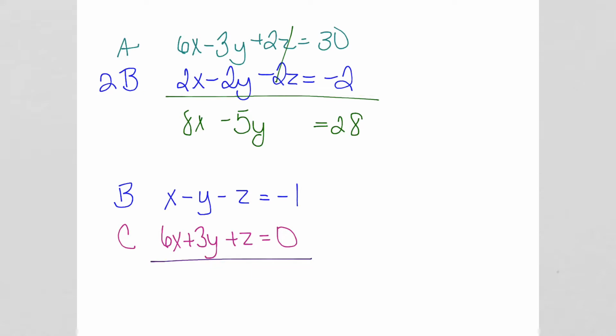And add them. So our z's go away, and we're left with 7x plus 2y equals -1.